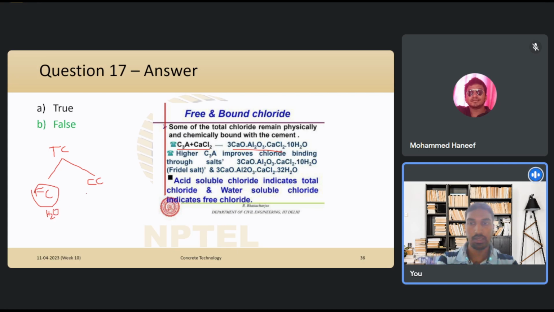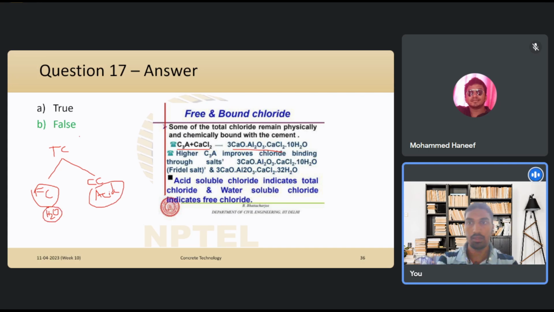Therefore, for this chemically bonded chloride to be removed, you need to break this bond. So it is only soluble in acid, and also the free chloride can be removed with acid. So when you find the total chloride content, it is what is soluble in acid, and the free chloride content is what is only soluble in water.